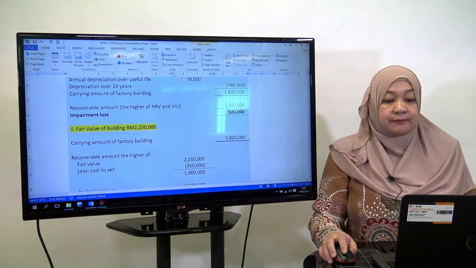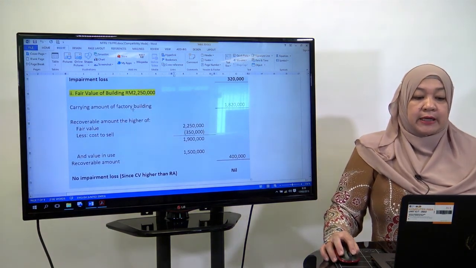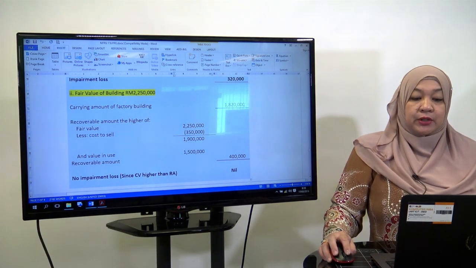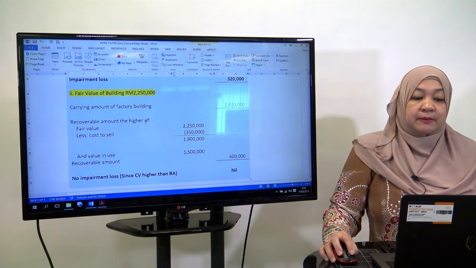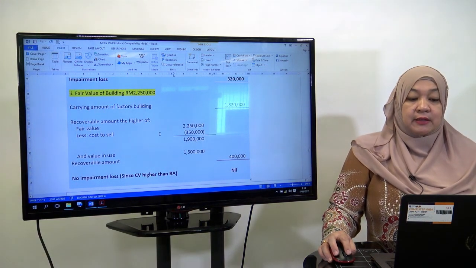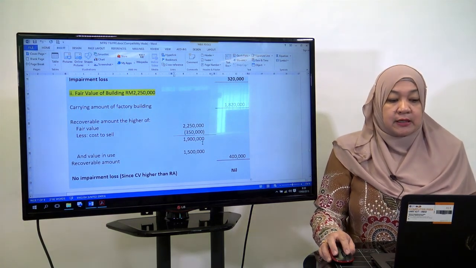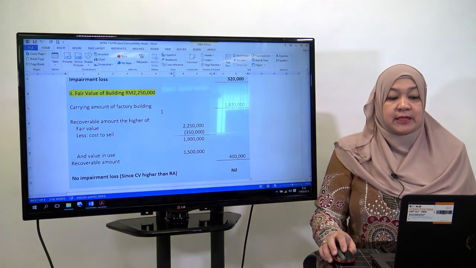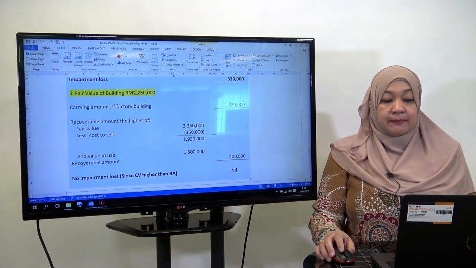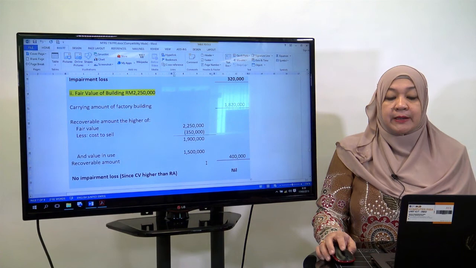In that case, the carrying amount of the factory building is 1.82 million. Recoverable amount is fair value 2.25 million, less cost to sell 350,000, so you have 1.9 million. Like I mentioned just now, the recoverable amount is higher than your carrying amount. So there is no impairment loss.